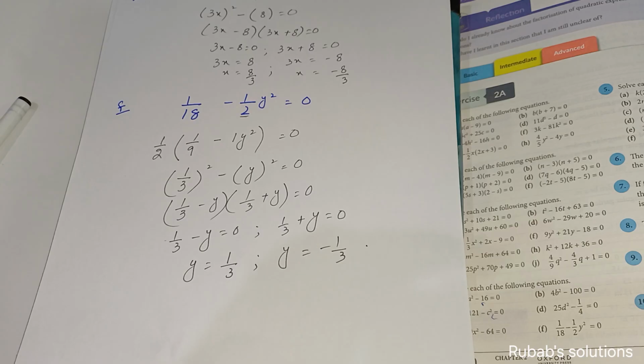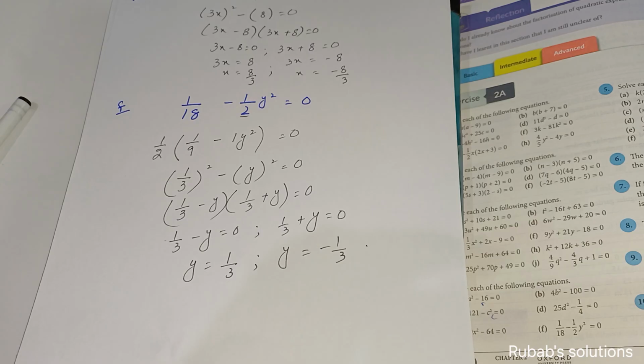Part B is 4b square minus 100. 100, I know that it is a square of 10. So (2b) square minus 10 square is equal to 0. One time in plus, one time in minus: (2b minus 10)(2b plus 10) is equal to 0. 2b minus 10 is equal to 0, or 2b plus 10 is equal to 0.